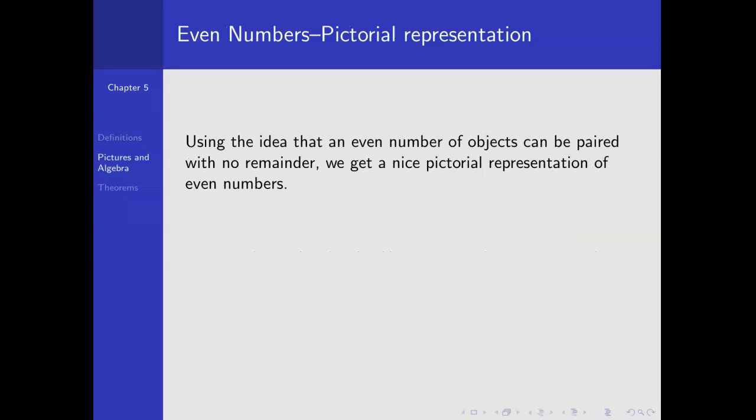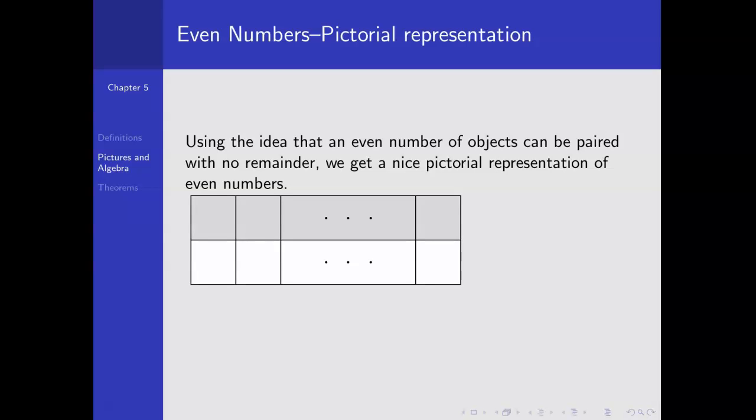Okay, one of our big tools for understanding the proofs of the theorems we're going to look at today is using a pictorial representation for an even number and an odd number. We're going to start by talking about even numbers, and using the idea that an even number of objects can be paired with no remainder, we can get a nice pictorial representation of even numbers that looks like this.